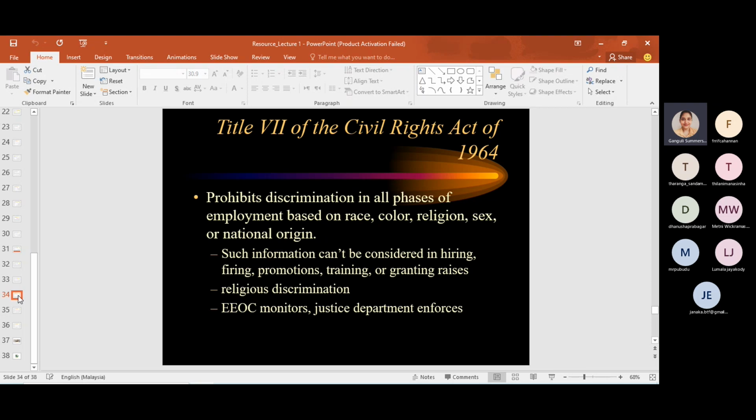So according to the Civil Rights Act, people should not be discriminated against on their race, color, religion, sex, or national origin. That is the main thing mentioned in the Civil Rights Act.